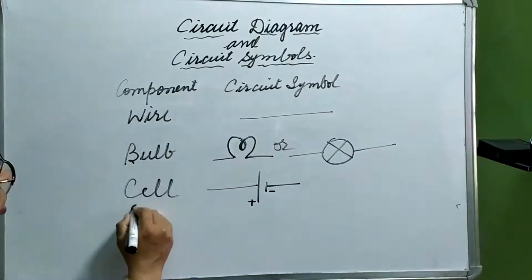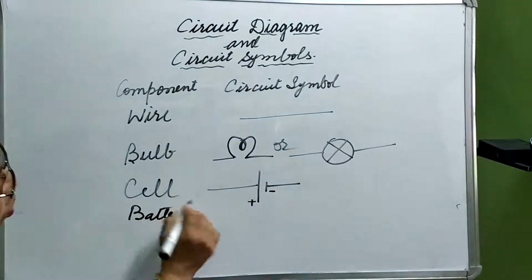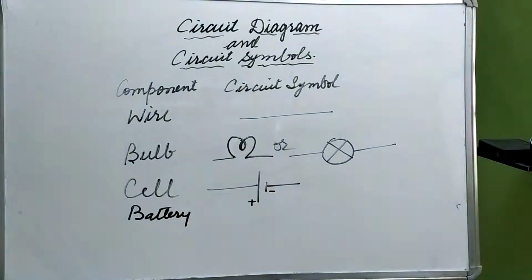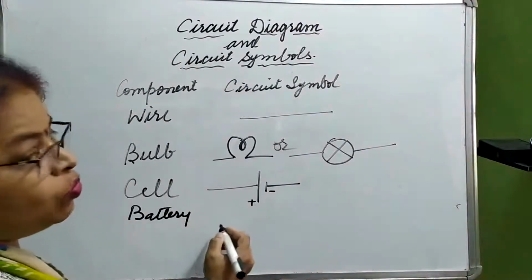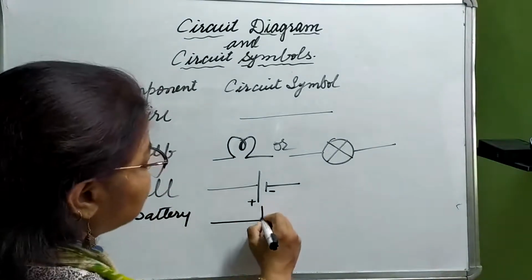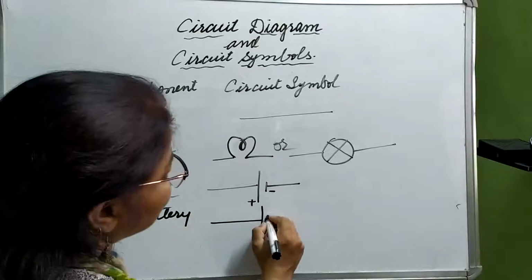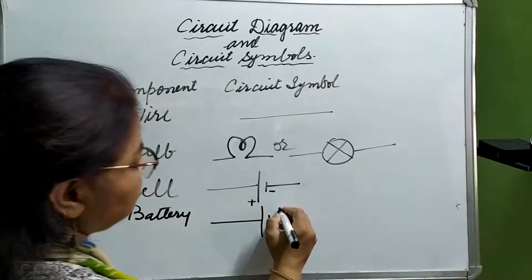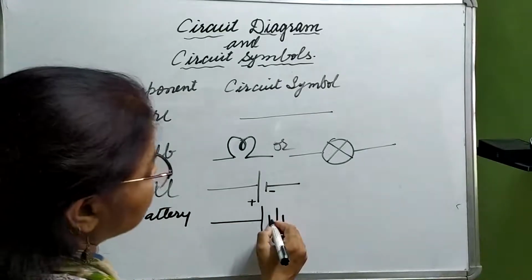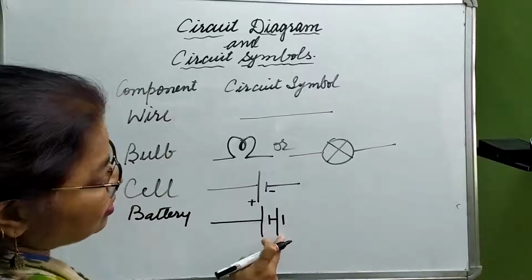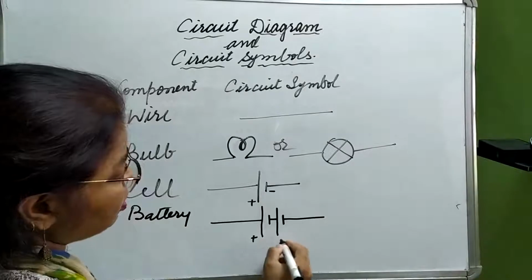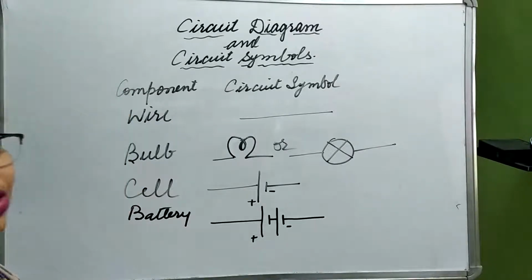Now let's come to the battery. A battery is again a source of electric energy, and it is made up of two or more cells. So what will be the representation? Wire, then positive terminal, negative terminal, then again positive terminal, then negative terminal, and we connect negative and positive terminals like this. This is the positive terminal of the battery, this is the negative terminal of the battery.